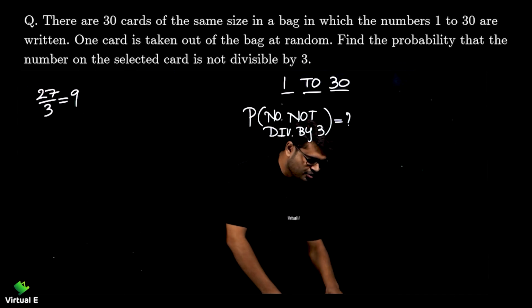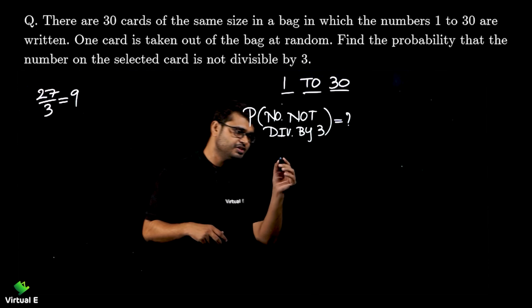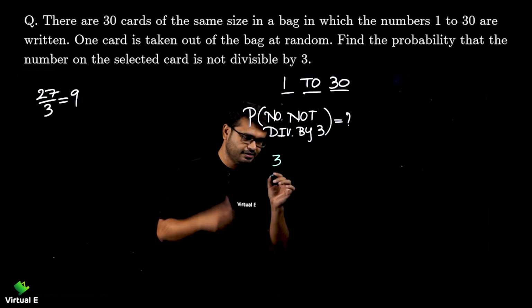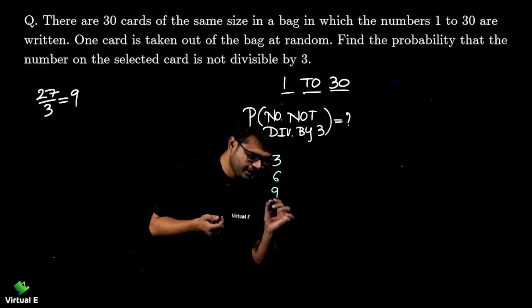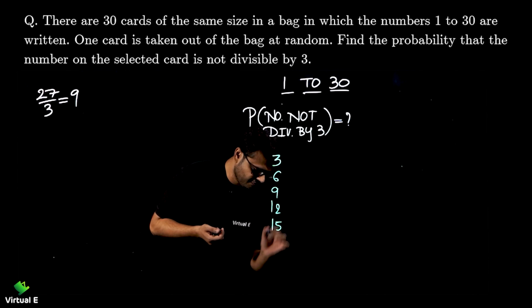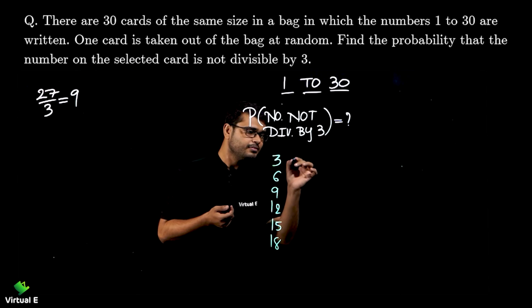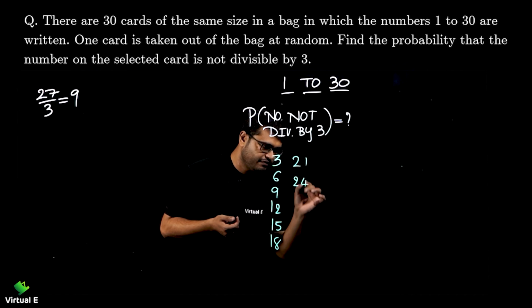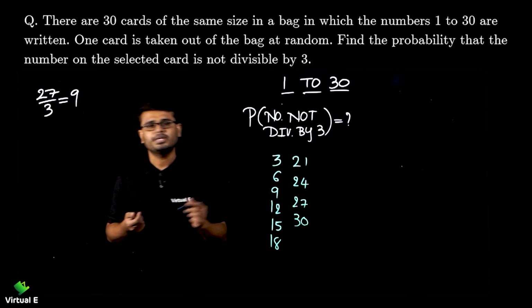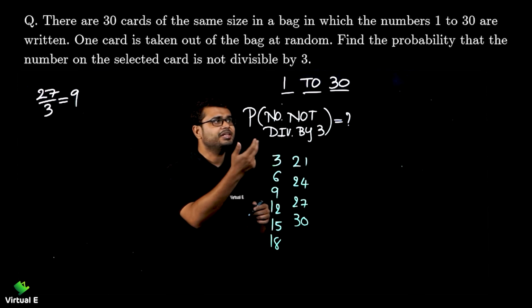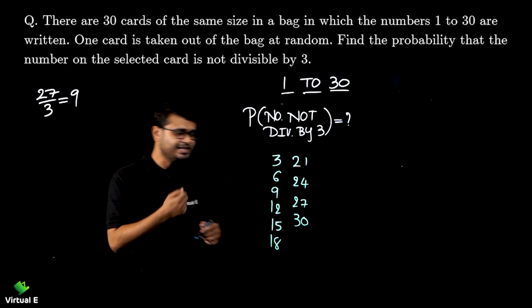So 3, then 6, then 9, then 12, then 15, then 18, 21, 24, 27, and finally 30. If you count, there will be 10 numbers because 3 tens are 30.